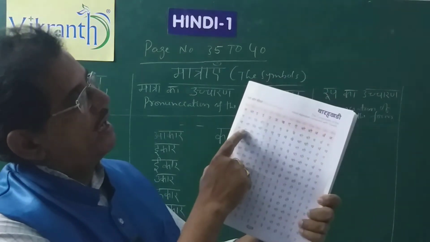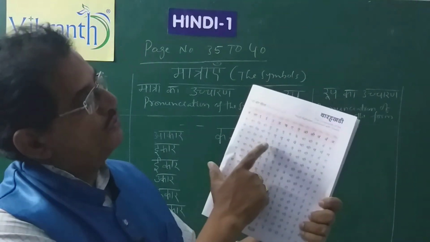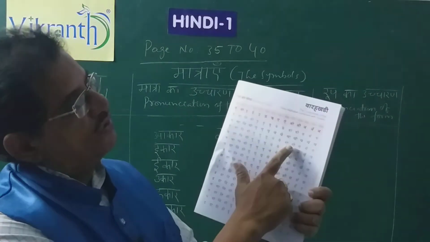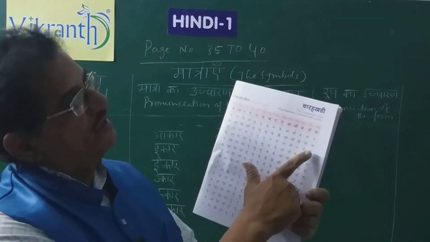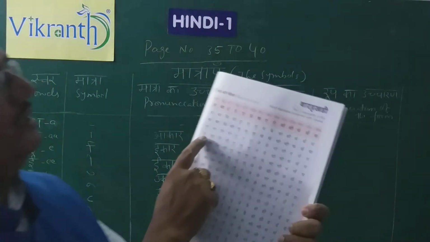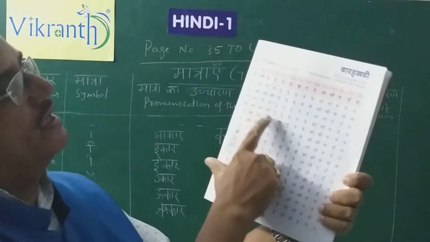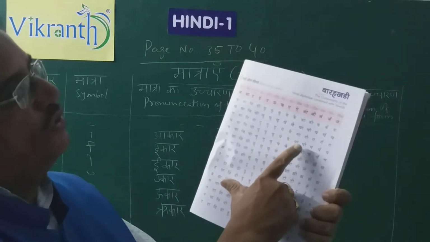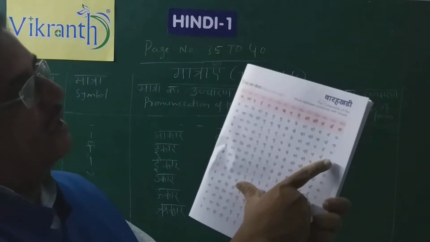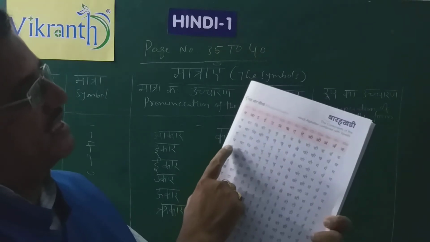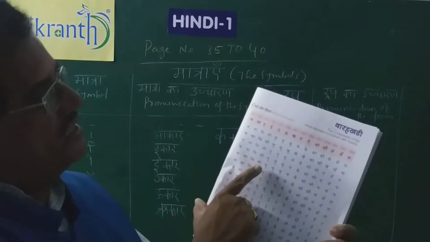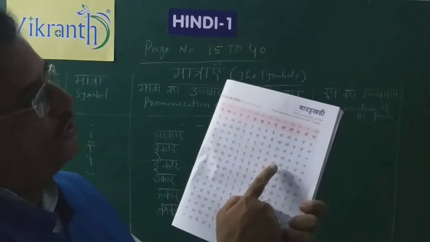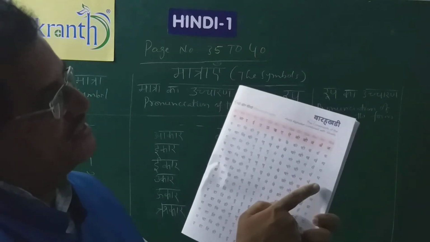Ga, ga, gi, gi, gu, gu, gru, ge, gai, go, gau, gam, ga, gaha. Gha, gha, ghi, ghi, ghu, ghu, ghru, ghe, ghai, gho, ghau, gham, gha, ghaha. Cha, next letter. Cha, chi, chi, chu, chu, chru, che, chai, cho, chow, cham, cha, chaha.